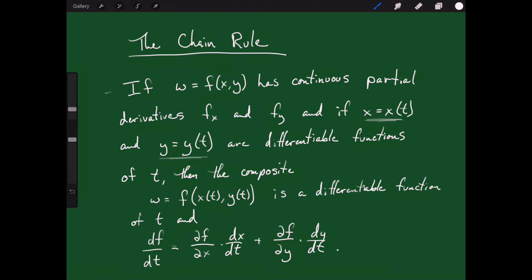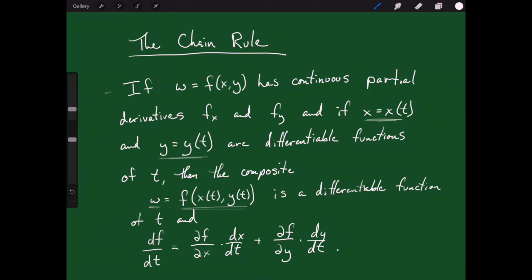differentiable functions, then the composite function, so we could write this function w as a function of really only t, because I could plug in a function of t for x and I could plug in a function of t for y.